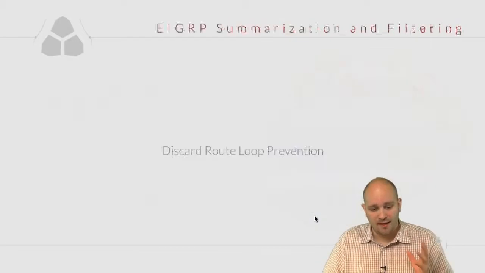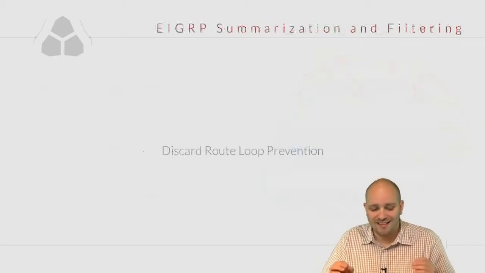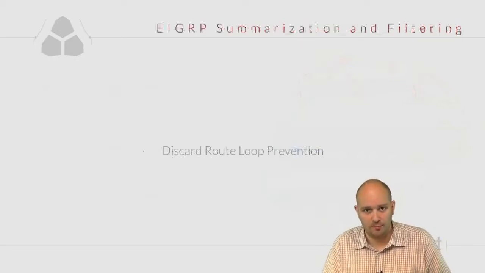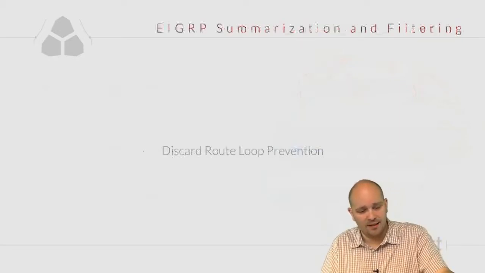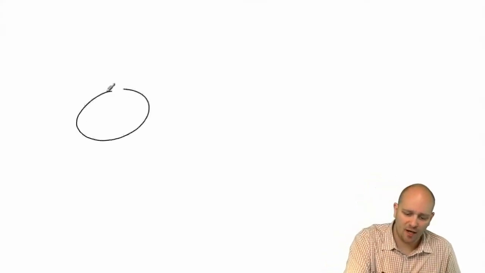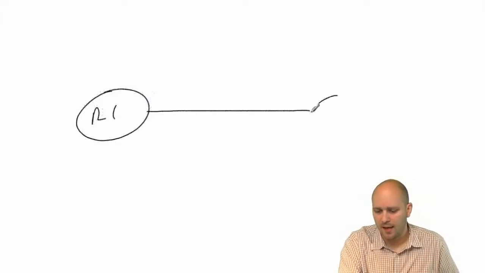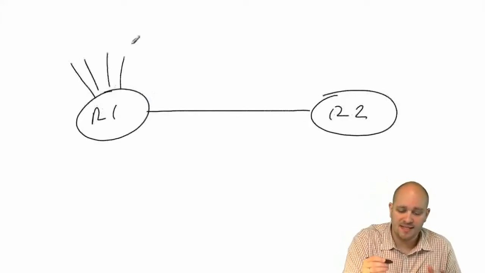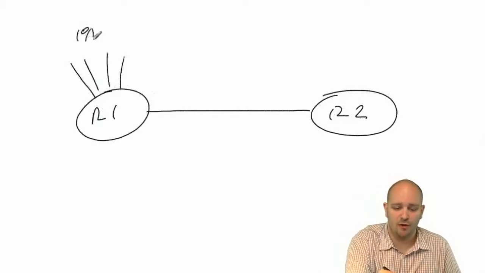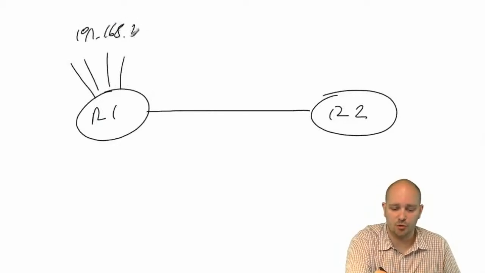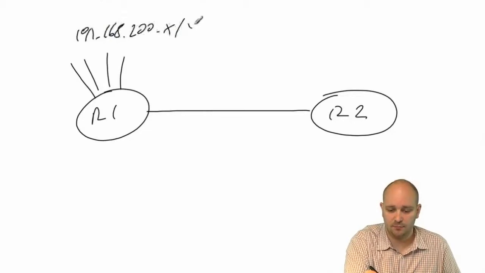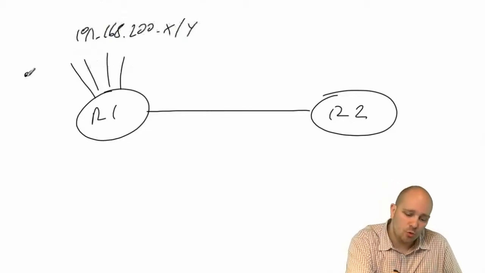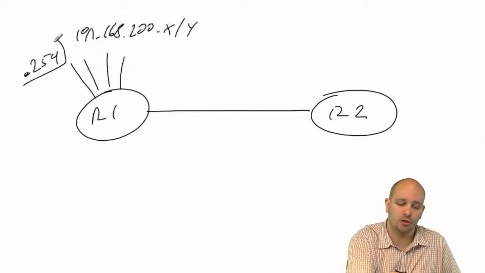This is what the discard route actually does. So here I'm going to talk now about discard route loop prevention. What is happening at this point is we have R1 and we have R2. Now R1 has some more specific routes for 192.168.200.x/y, but we do not have the route to .254.